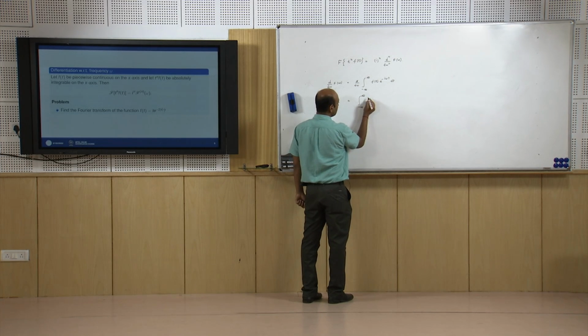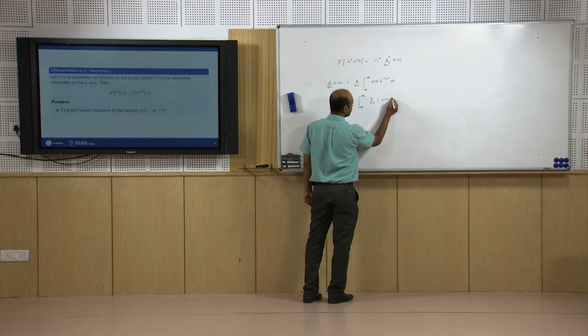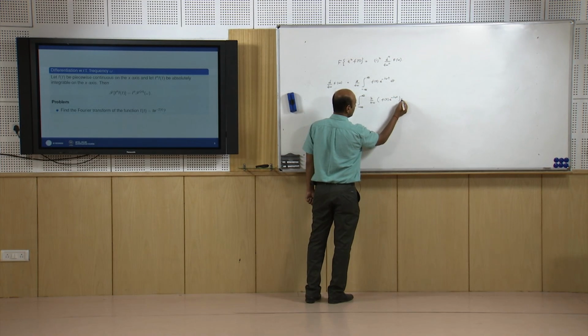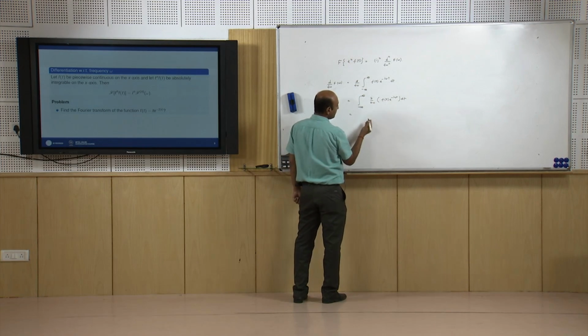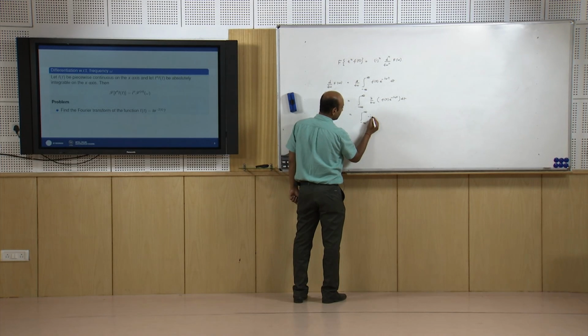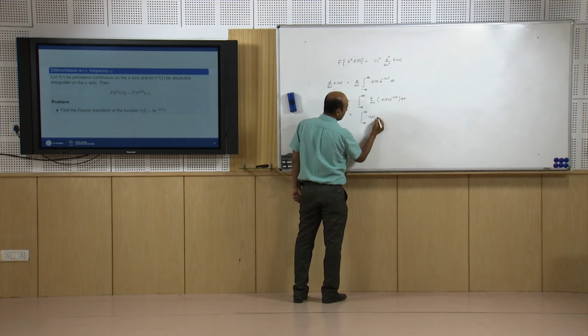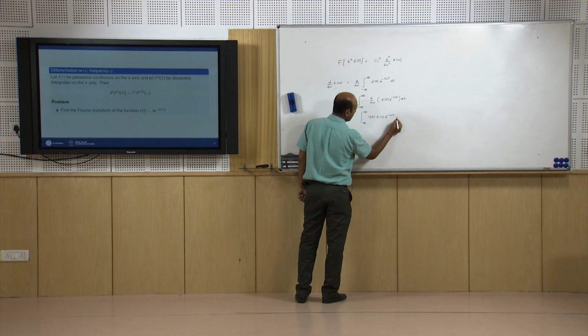It is nothing but del by del omega of f t into e to the power minus iota omega t dt, which, when you take the derivative with respect to omega, is nothing but minus iota t into f t e to the power minus iota omega t dt.